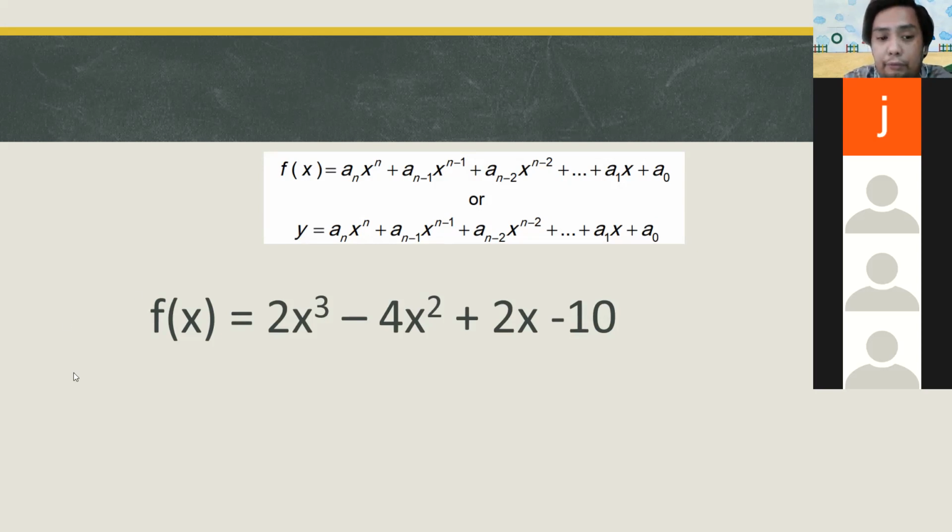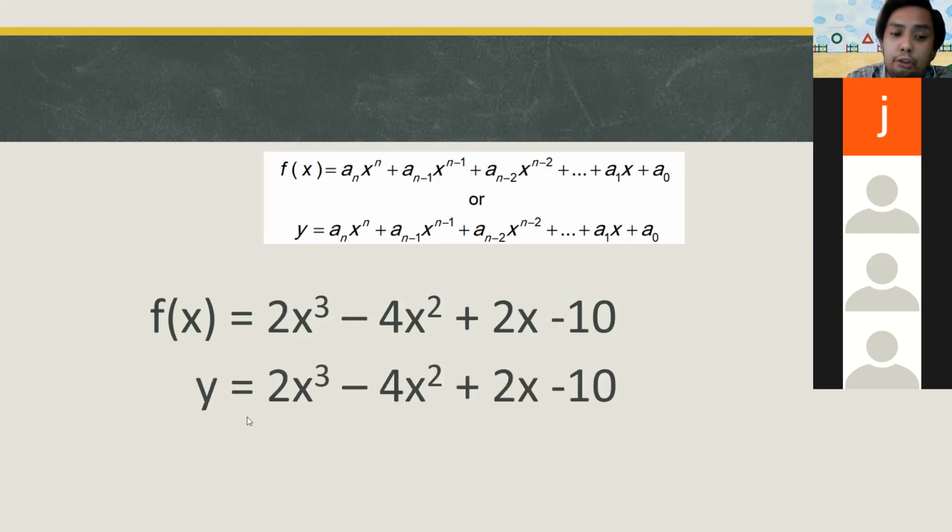Power of 3, bakit po power of 3? So we have the exponent 3 as our leading, and we have negative 10 as our constant. Okay po, negative 10 as our constant. So it can also be written as y equals 2x cubed minus 4x squared plus 2x minus 10. Okay?